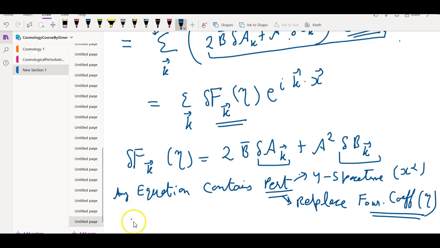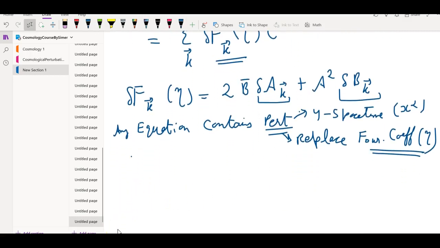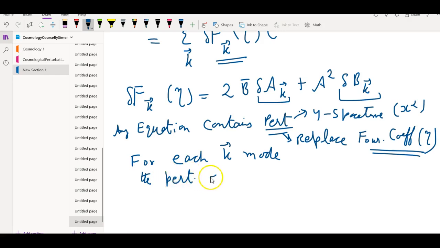So for each k mode, for each Fourier mode, the perturbation equation is valid. This or any perturbation equation.